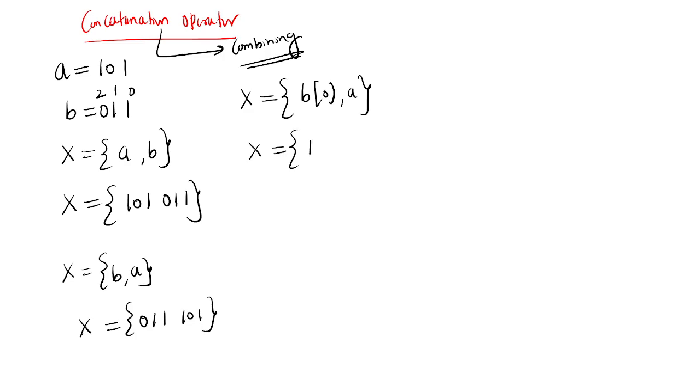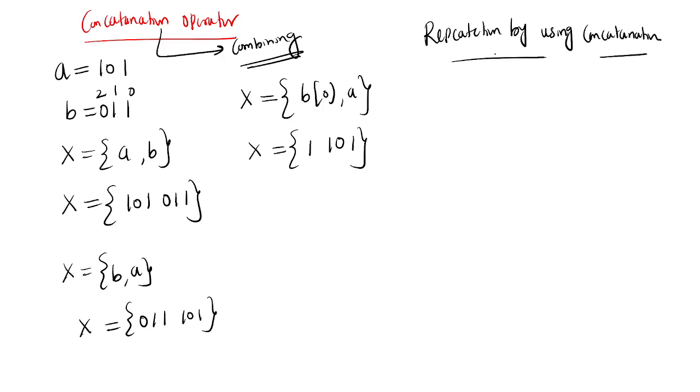That is b of 0, that is 1, and with a 101. Like this I can concatenate. And next is repetition by using concatenation. What is this repetition using concatenation?